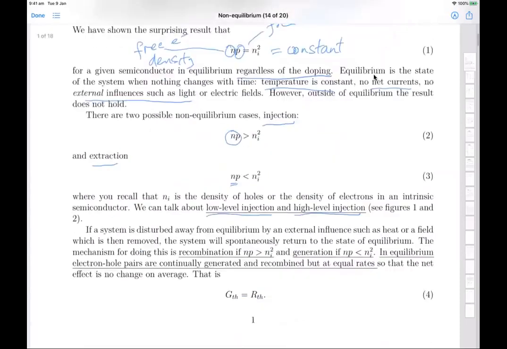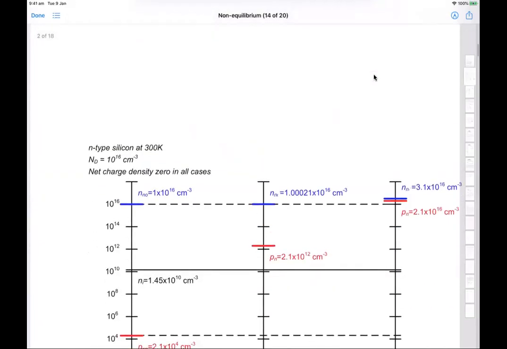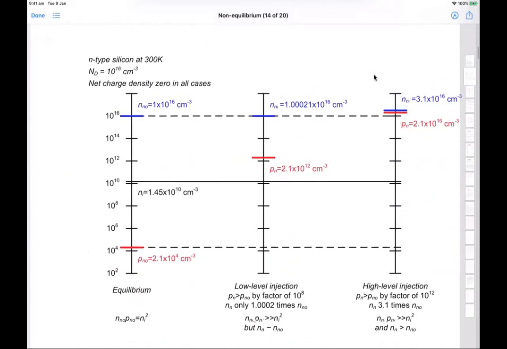If we look at this figure, on the left here we have the case of equilibrium, and it's an N-type material, and we've doped it with a dopant density of 10 to the power 16.